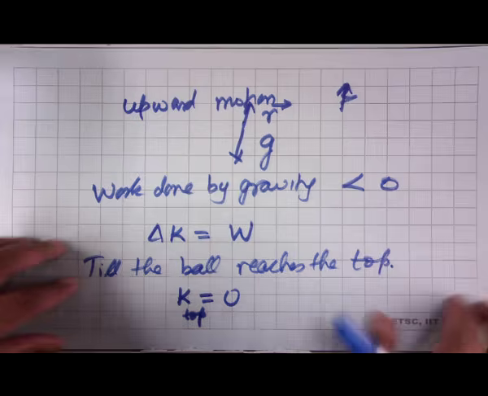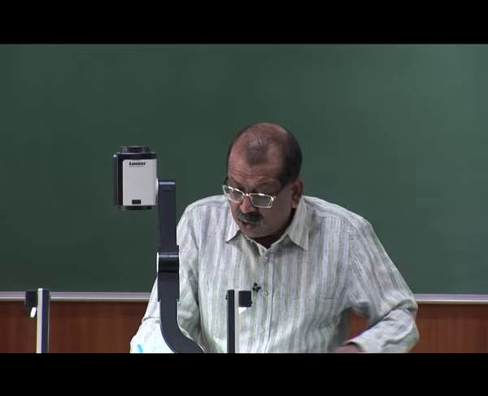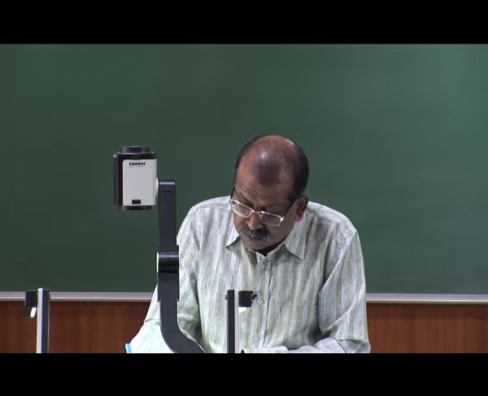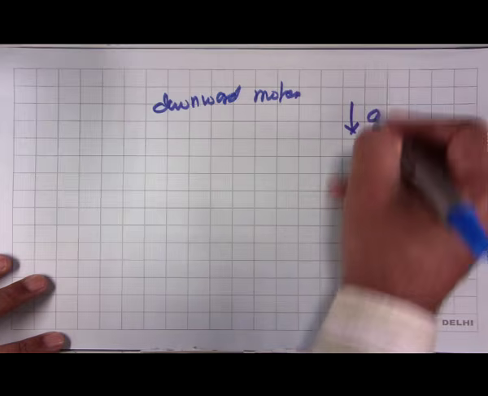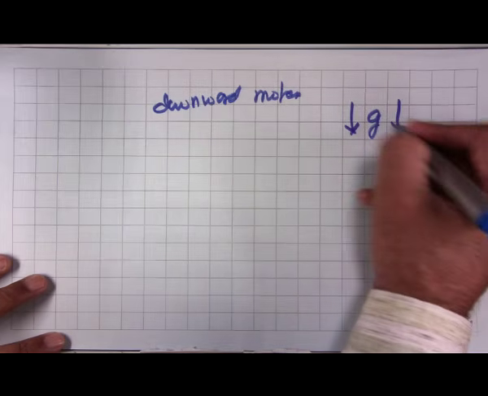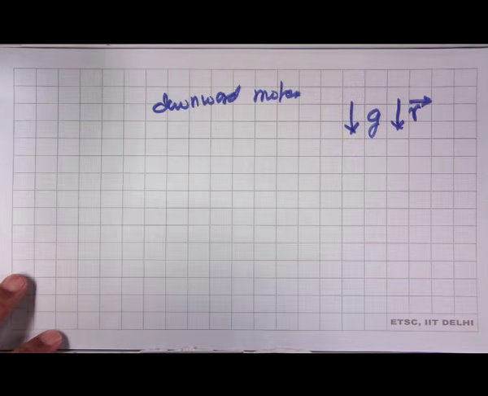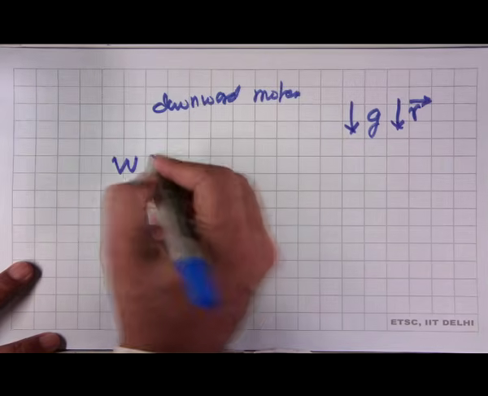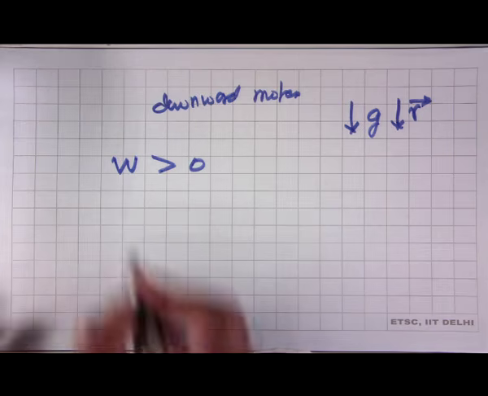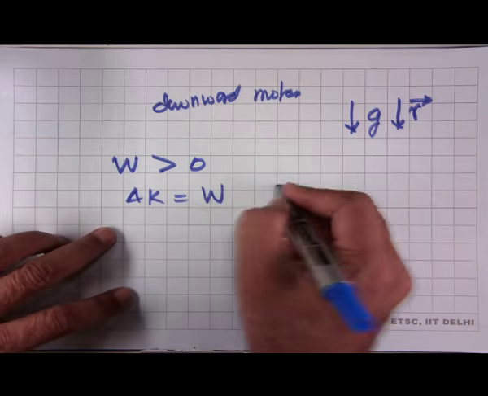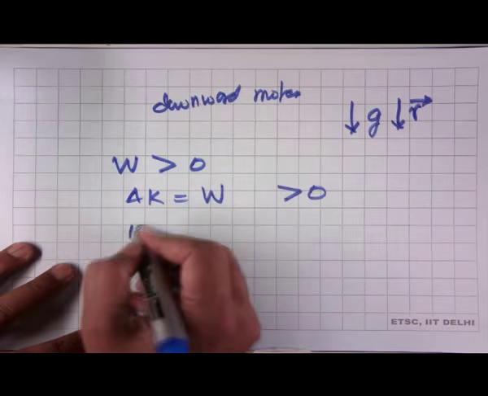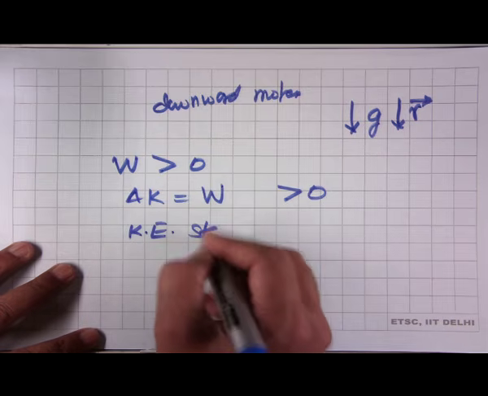As the ball comes down, gravity is acting down and the displacement vector is also down. So now the work done is positive, and the change in kinetic energy, which is equal to work done, is also positive. That means the kinetic energy starts to increase.